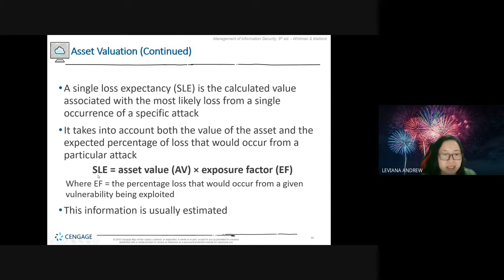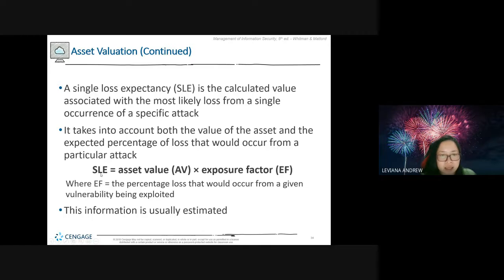So how to calculate SLE? Asset value times the exposure factor, where exposure factor is the percentage loss that would occur from a given vulnerability being exploited. This information is usually an estimation.